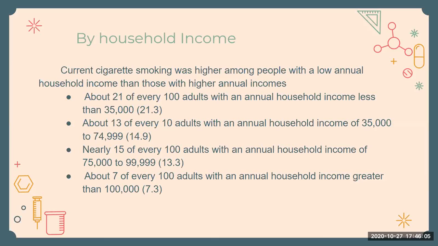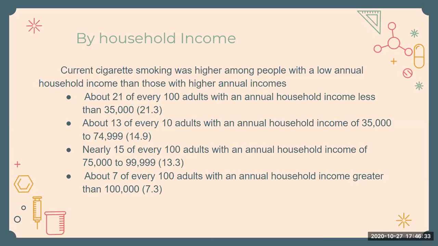Household income of $35,000 to 70, we're going to round it up to 75,000, 14.9%. Nearly 15 of every 100 adults with annual household income of 75 to 100,000, 13.3%. And household income greater than 100,000 at 7.3%.